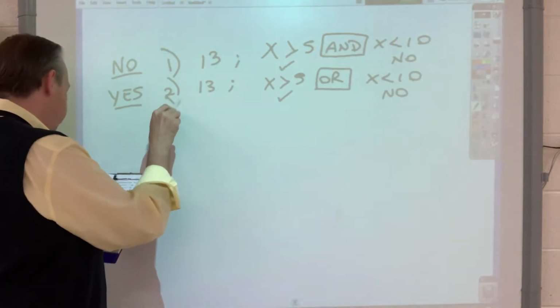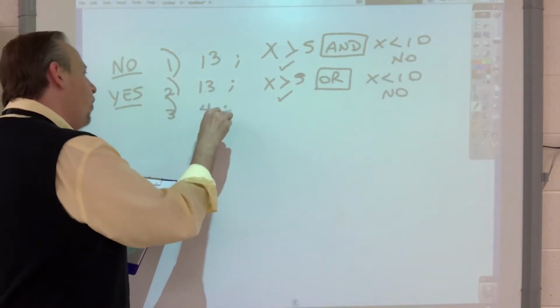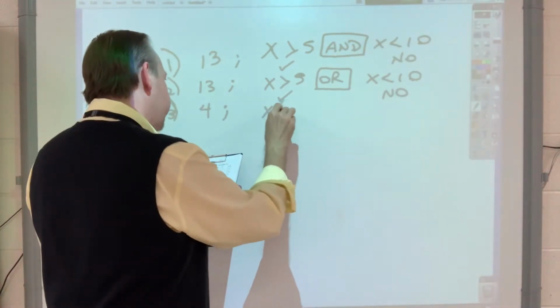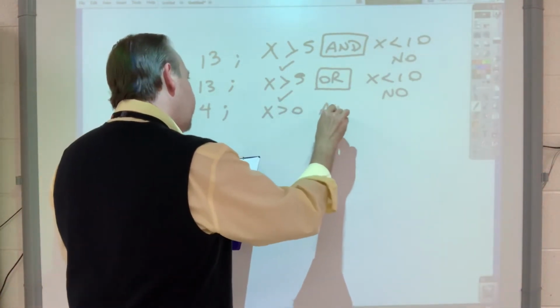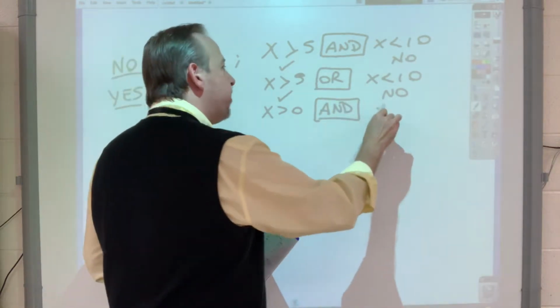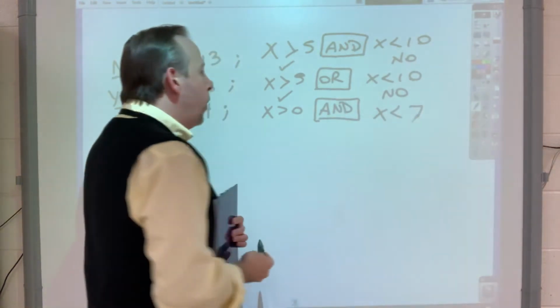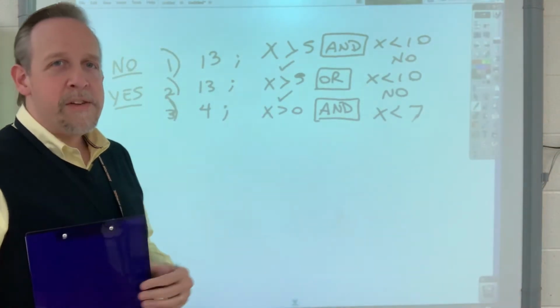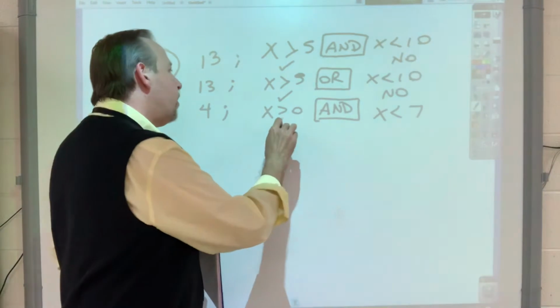Number 3, thinking of the number 4, does it fit into x is greater than 0 and x is less than 7? Well, is the number 4 greater than 0? Obviously, yes, it is.